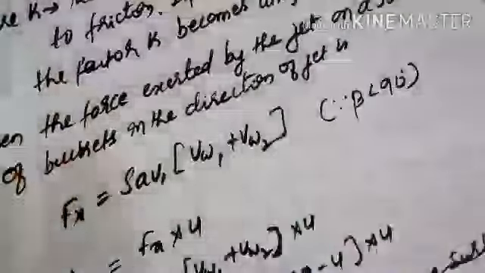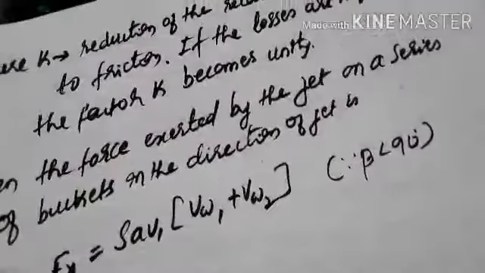In that case, the value of k will be 1. If any losses are present because of friction, then the value of k is to be mentioned here. If the losses are neglected, the factor k becomes unity, that is, the value of k will be 1.